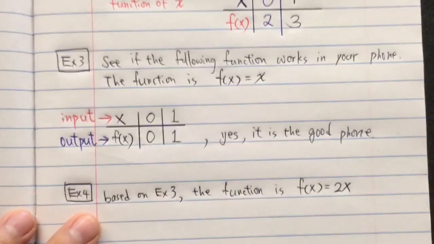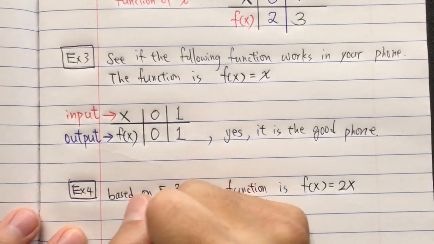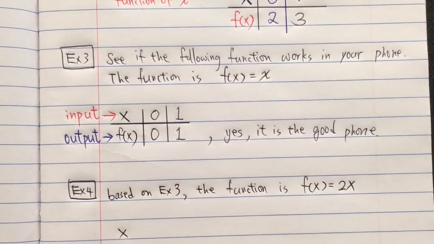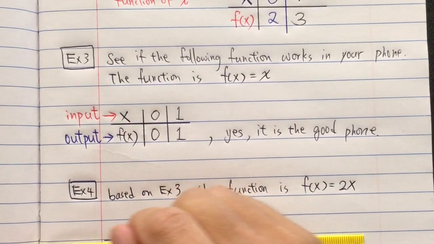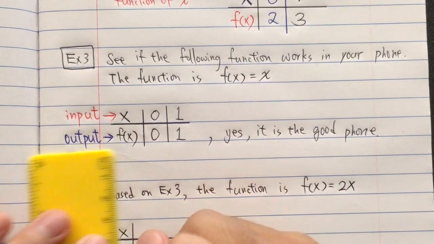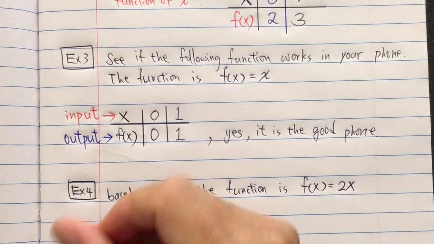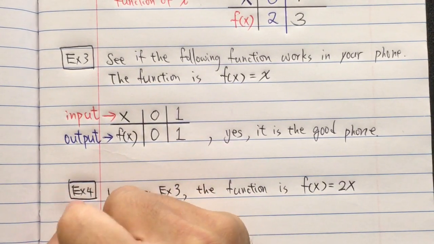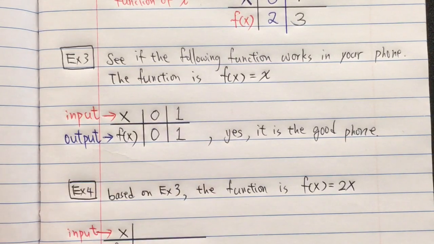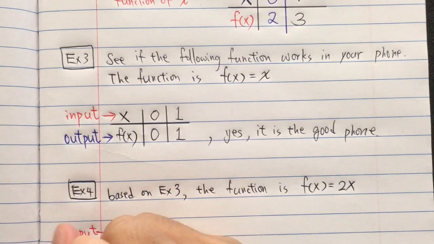Let's see if this is a good phone. Again, make a table. Use a ruler. x is the input, and f of x is the output.